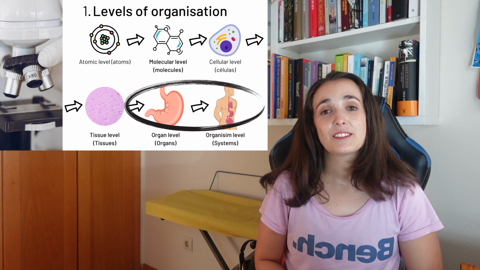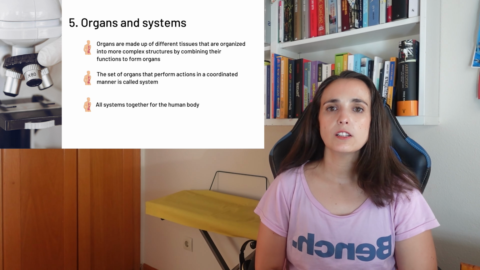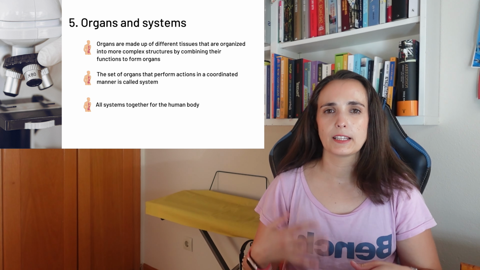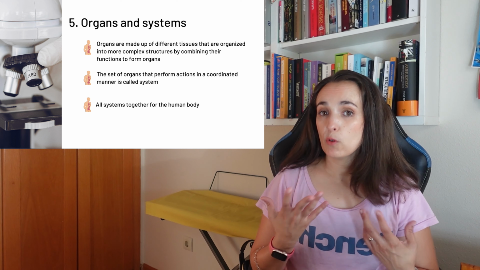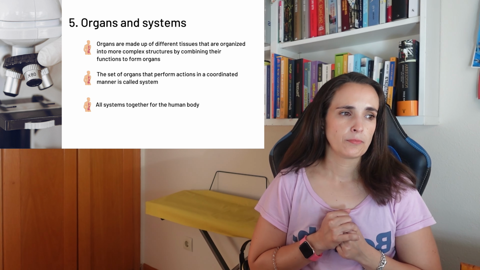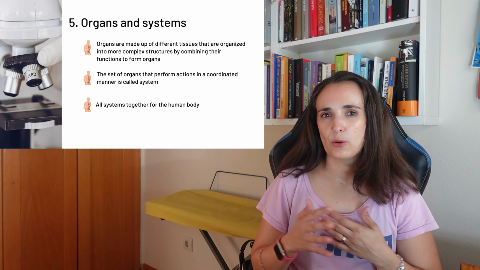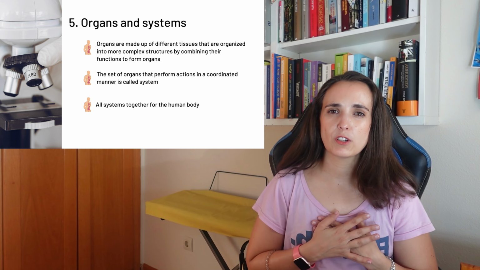So let's do it. Organs are the result of getting different types of tissues together. For instance, in the heart, I gave you this example in the previous video as well.